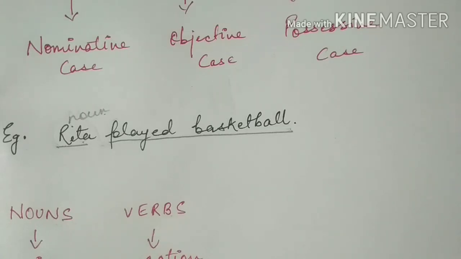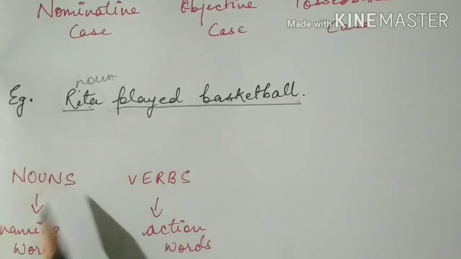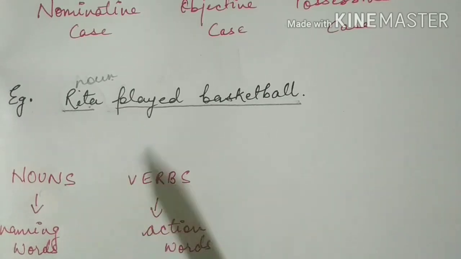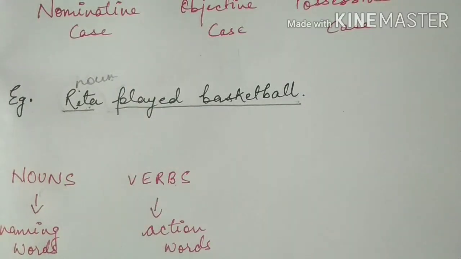Now here, while we study nouns case, there are two things that will be mostly used, that is nouns and verbs. Nouns are the naming words and verbs are action words. So in the sentence, Rita is a noun and played is a verb.